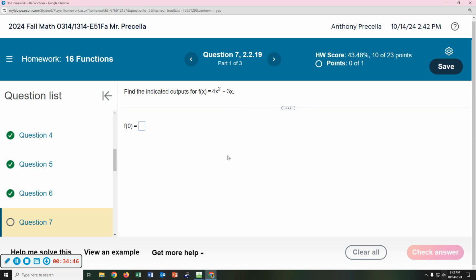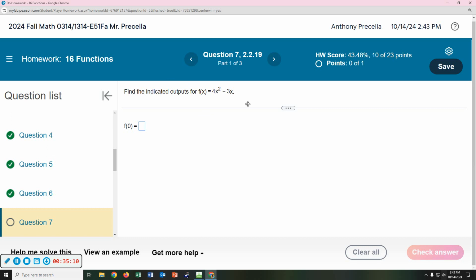Notice for function notation, you can't have 4 times f of x squared or minus 3 f of x. The f of x is acting like a y, and it has to be isolated on one side of the equation. So this is a formula that will calculate the y value that's being assigned.